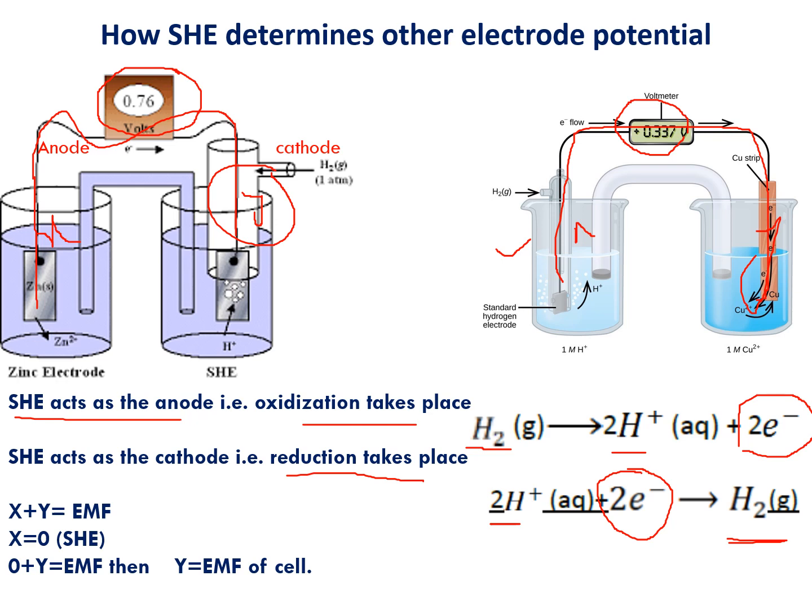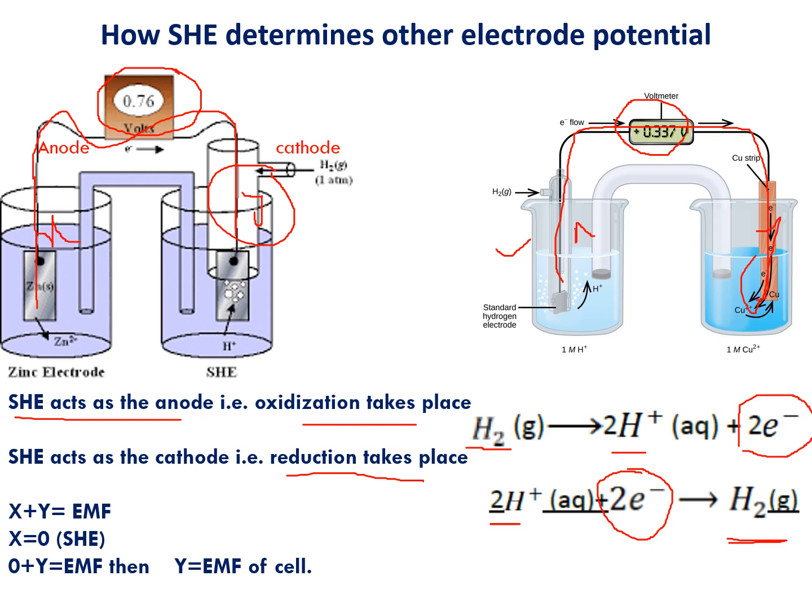Like that, we can determine every single electrode potential by using the standard hydrogen electrode. Then we will make it a list. When you calculate all the metal electrode potentials and arrange them in increasing order of reduction potential, it is called the electrochemical series.